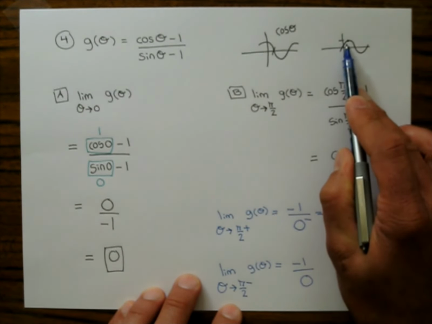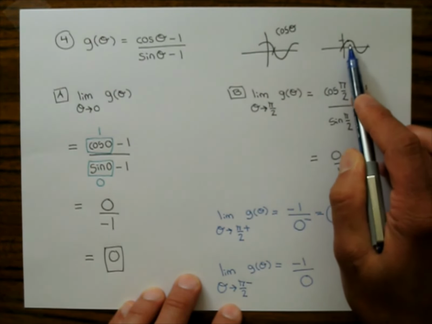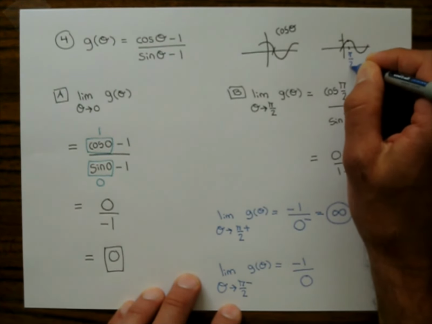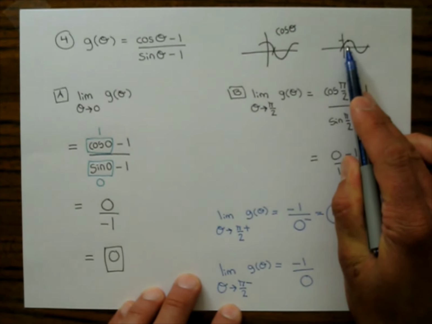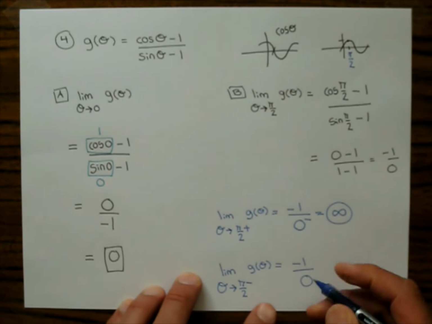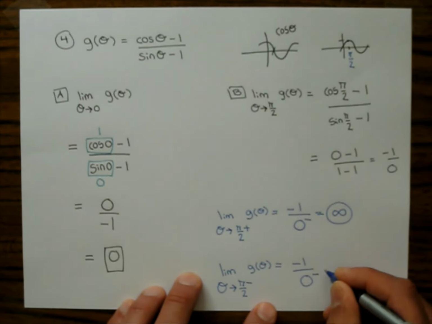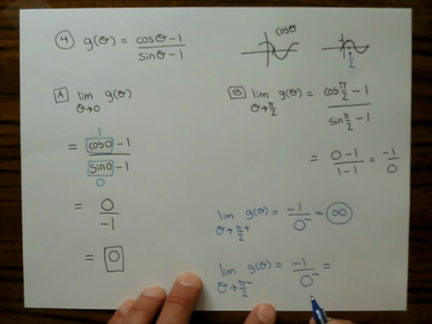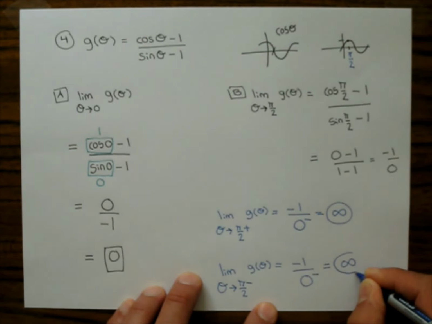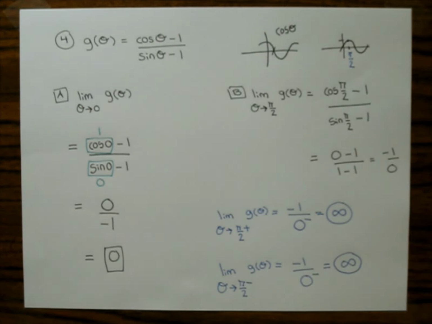Coming from the left on sine, a little to the left of pi halves, so this right here is pi halves, then you're at like 0.99, because now you're on the other side of the top of that hill. 0.99 minus 1 is a very small negative number. So we're going to get negative 1 over a very small negative number. Negative over a negative is a positive. We have infinity there.